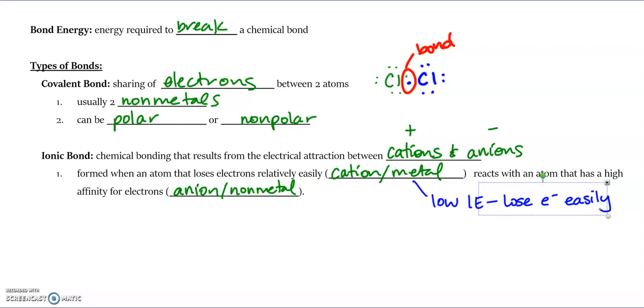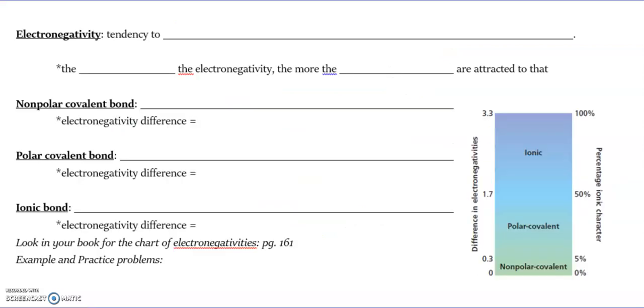Anions or nonmetals are atoms that have a high affinity for an electron. So these have high electron affinity. So when you add an electron, they gain electrons to become negative. You're getting negative particles, so you become a negative ion. That's the anion piece.